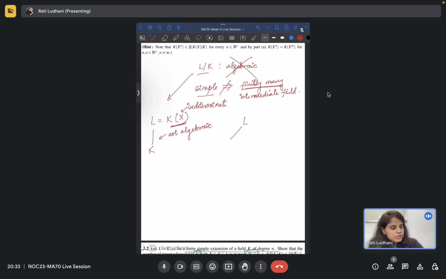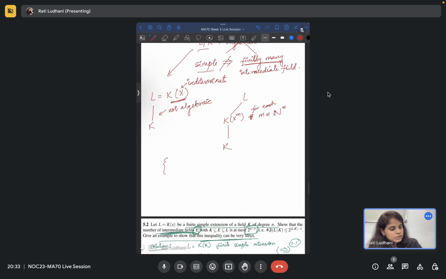So what you can take is k(x^m), for all m belonging to N. And I even claim that this has cardinality infinity.